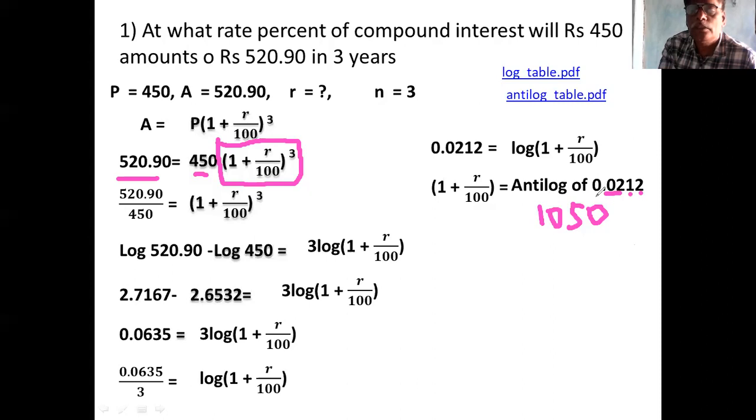So the characteristic here is 0; you add 1, then it is a 1-digit number. Therefore, the point comes after the first digit: 1.050.